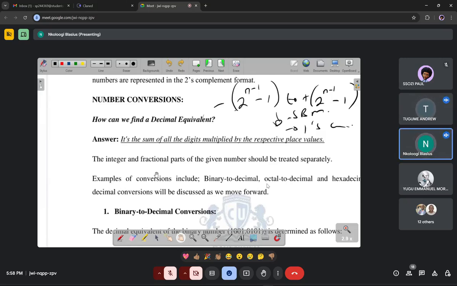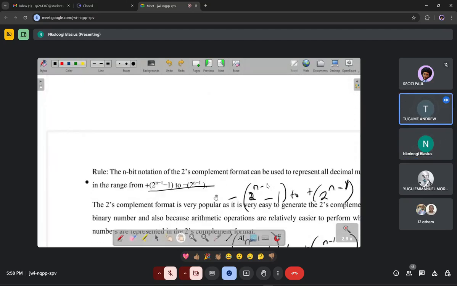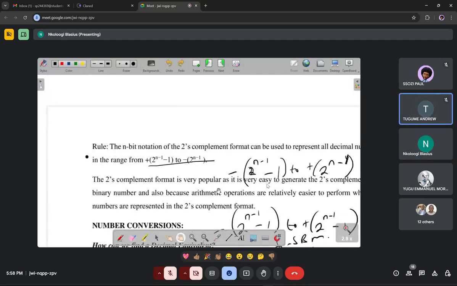It should be from negative. But either way, it's a range. It has to run from the negative to the positive. Either way you write it, as long as they don't have the same signs, that should also be the same. It's a range, okay?